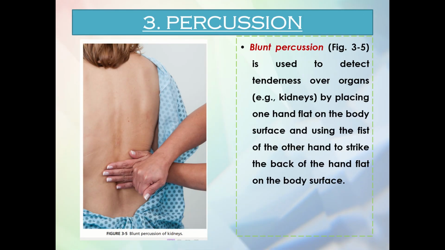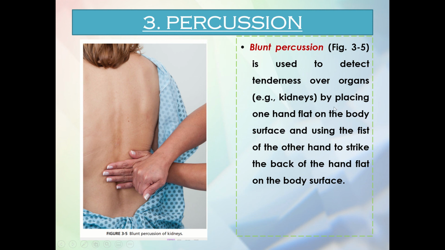Next, you have blunt percussion. It is used to detect tenderness over organs. For example, ito sa kidneys. Okay? So, we would want to detect kung meron bang sakit na mararamdaman sa pasyente if we tap this body part or this place.